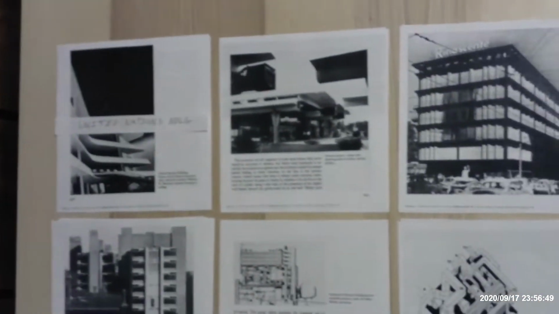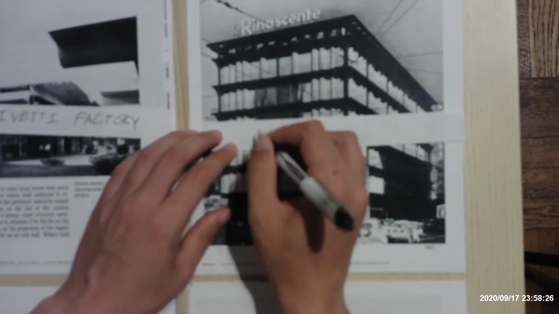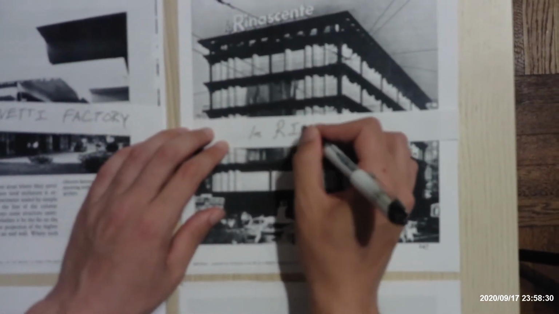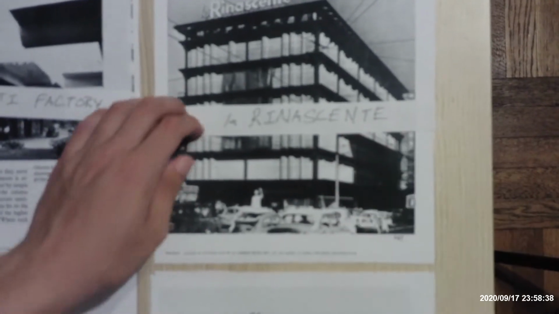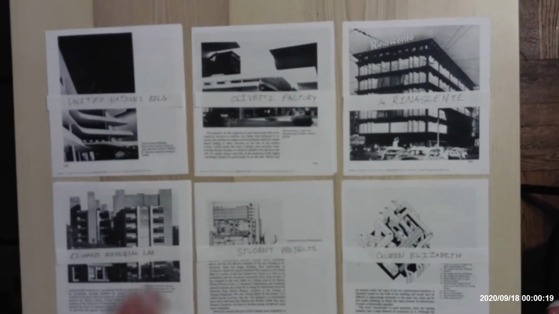Reyner Banham uses precedents to build his argument, and these fall under the 6 main precedents: the United Nations Building, Olivetti Factory, La Rinascente, Richards Memorial Lab, Student Projects, and Queen Elizabeth Theatre in South Bank, London.